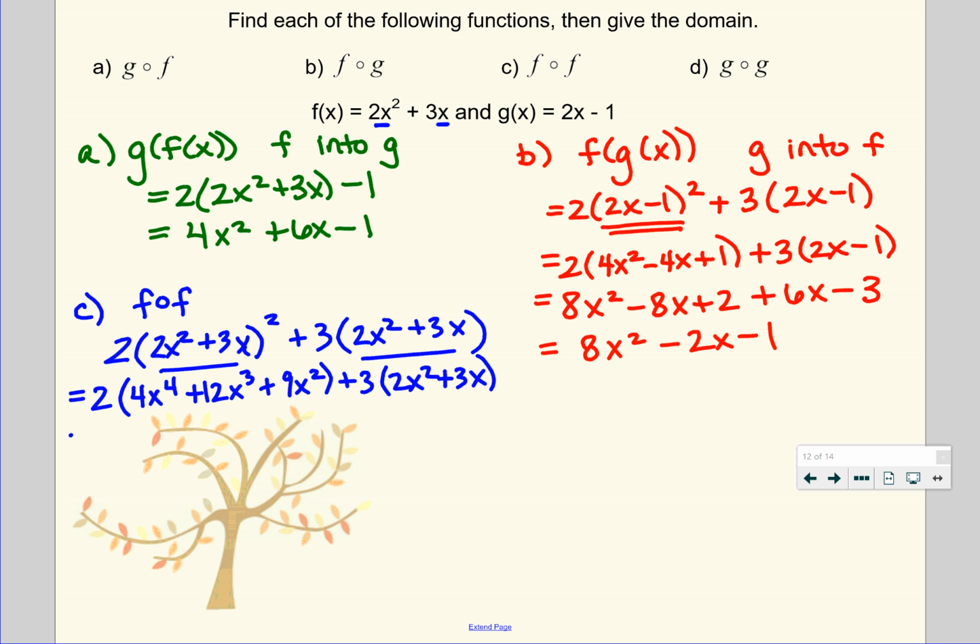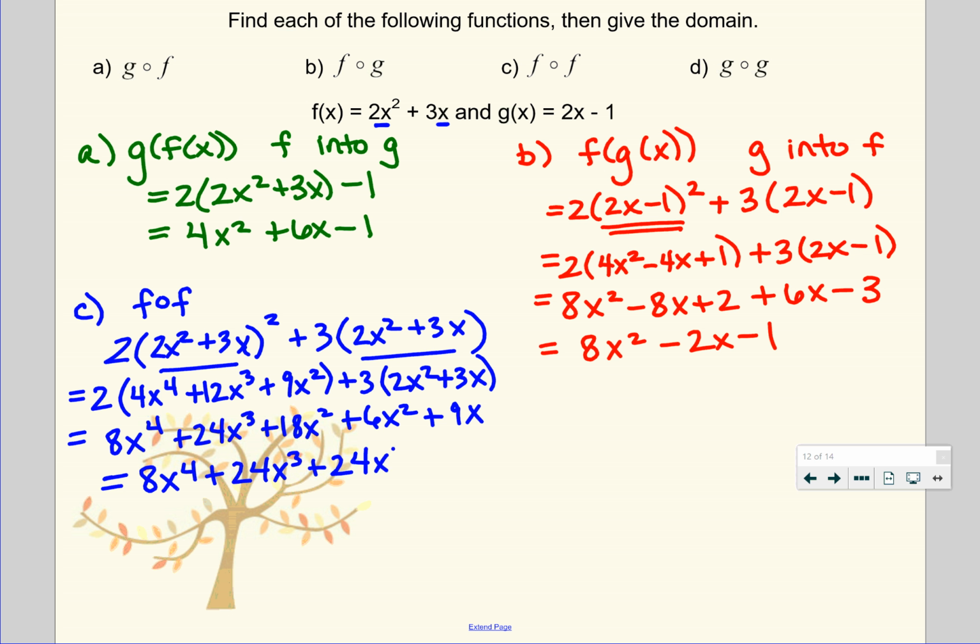Combine my like terms, actually before I do that, distribute. 8x to the fourth plus 24x to the third plus 18x squared plus 6x squared plus 9x. All my distributing. And now I can combine my like terms. I've got a couple x squareds I can put together. Final answer will be 8x to the fourth, 24x to the third, 24x squared, 9x.